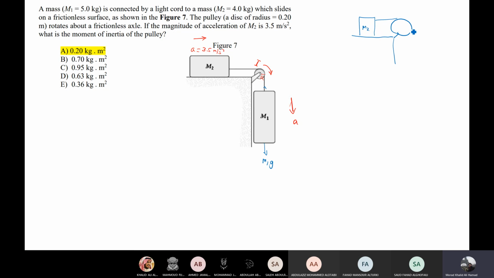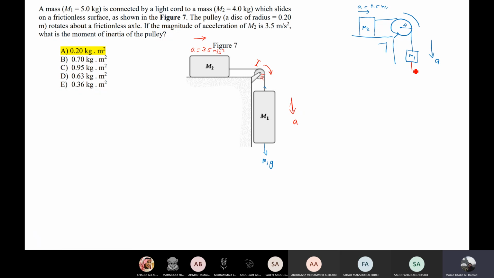This is M2 and this is M1, and this is the pulley of radius R, and we agree that the acceleration in this direction is equal to 3.5 meters per second squared. So it will be rotating in this direction, which means clockwise, and the torque is negative. So the free body diagram will be as follows.